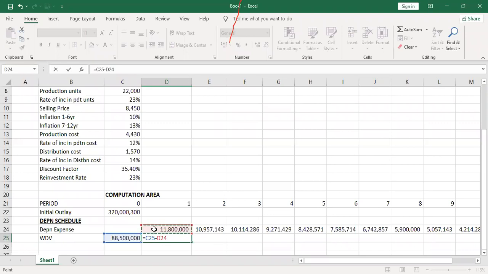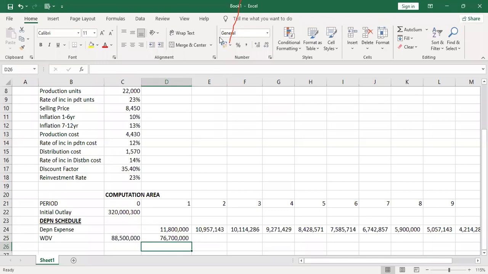And then you press enter. Let me repeat: written down value in year 1 equals written down value in year 0 minus the depreciation expense, and then you press enter.